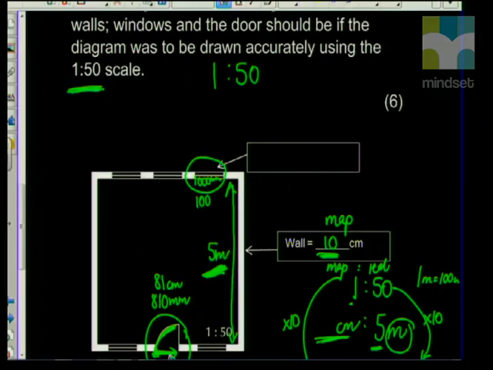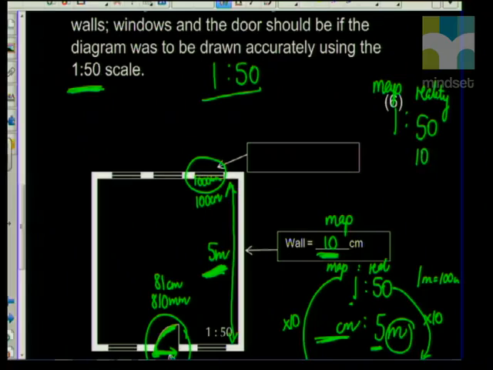So again, I'm going to divide by 10 because 1 centimeter has 10 millimeters. So I want to find out what 100 centimeters is represented on my 1:50 ratio. Remembering that 1 is to 50, so this is on my map to reality.